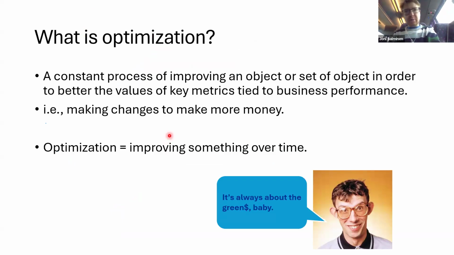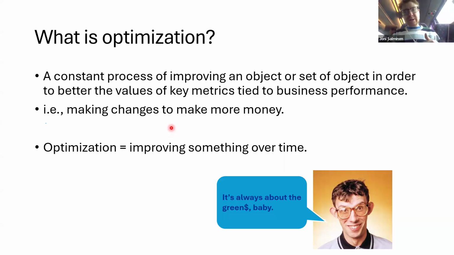Optimization is a continuous improvement process of something. Often in the case of conversion optimization, we want to optimize the conversion rate of a website. So there is some kind of goal for some action that we want people to take, and we want to increase that rate of people taking that action.